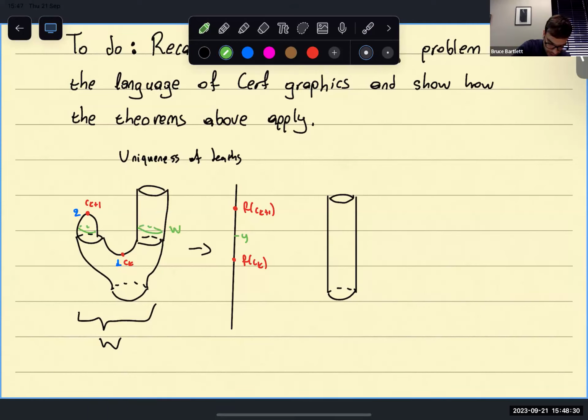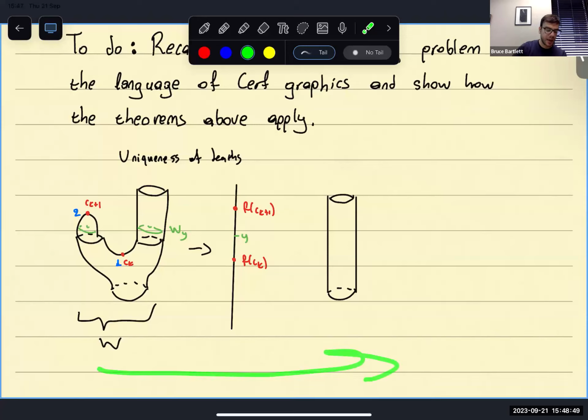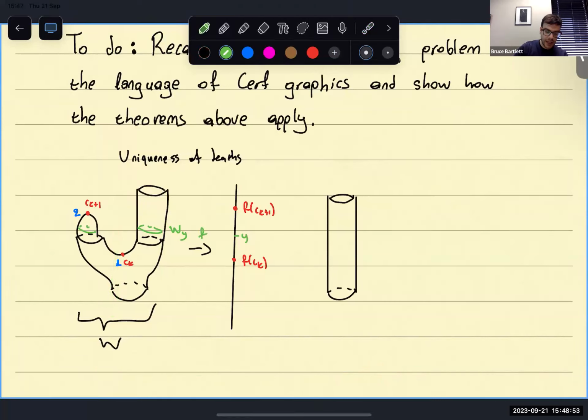This is my W_y, and the theorem says that if W_y is simply connected and the dimension of W is greater than or equal to 6, then the space of all death paths that start from f and annihilate those two critical points is connected.